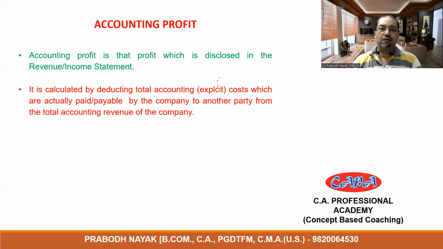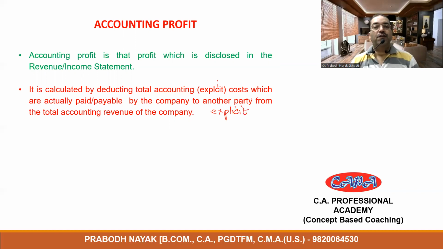So in other words, you take your revenue, that is sales. From that, you minus all the expenses, all the costs, which are called explicit costs. Okay. What are explicit costs? Those costs which are actually paid for by the company. The word is explicit. Okay.